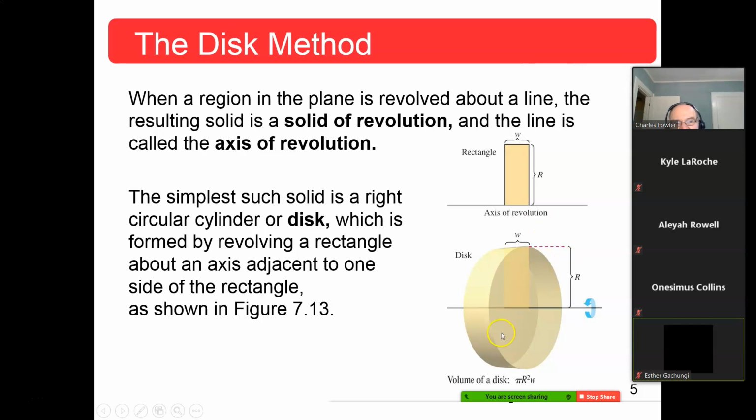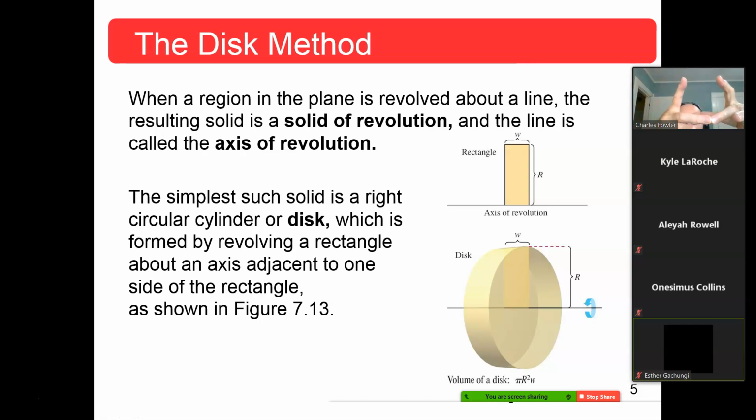The volume of that disk, and this is the volume of a right circular cylinder, is the area of that disk, which is pi times capital R squared, times the thickness of the disk, W. That is the volume of any right circular cylinder.